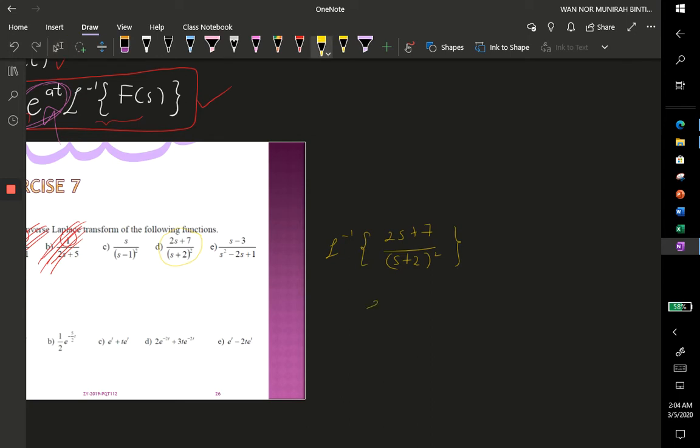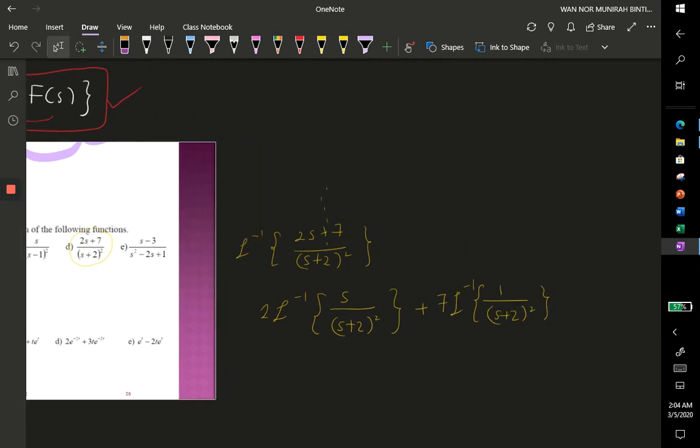So I have Laplace inverse, 2 is 2, I break this one into 2: 2s over (s plus 2) squared. Now for the next one, plus 7 Laplace inverse of 1 over (s plus 2) squared. You get it? So this is 2s plus 7 over the same denominator.